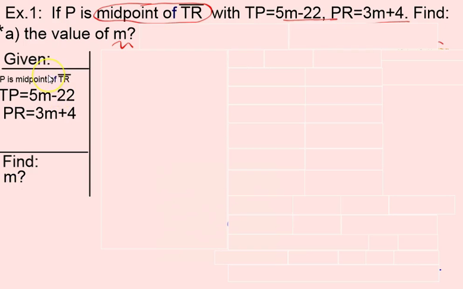The fact that P is a midpoint of segment TR dictates some conditions that we must reflect on the diagram. Specifically, when we have a midpoint, it breaks the given segment into two congruent parts. So, point P is not just a point that guarantees partition of a segment.